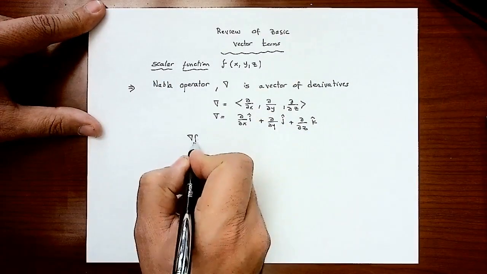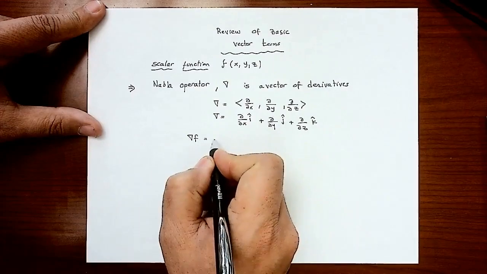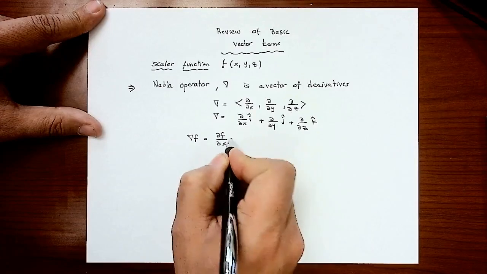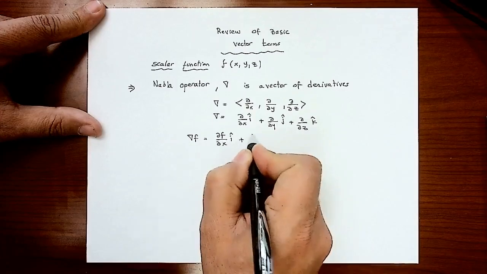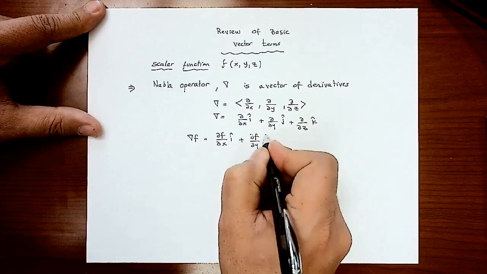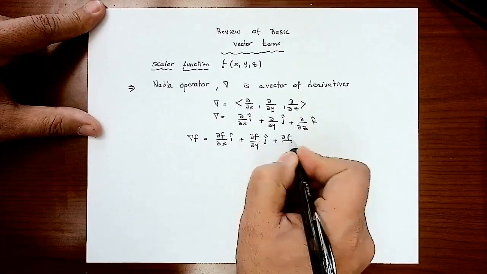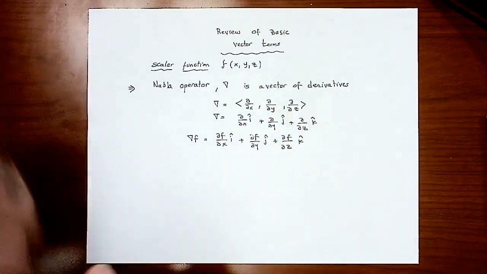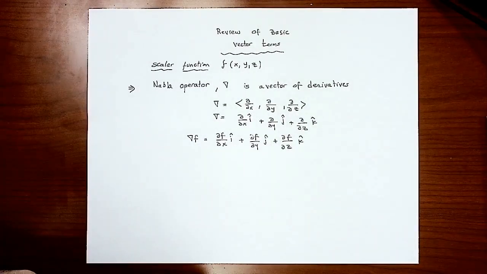So nabla f is simply the partial of that function by partial x in the i direction, plus partial of that function by partial y in the j direction, plus partial of that function by partial z in the k direction. That's how we write down the nabla of it.